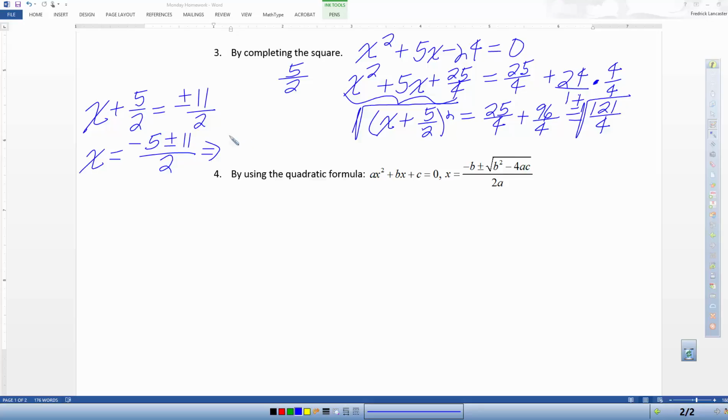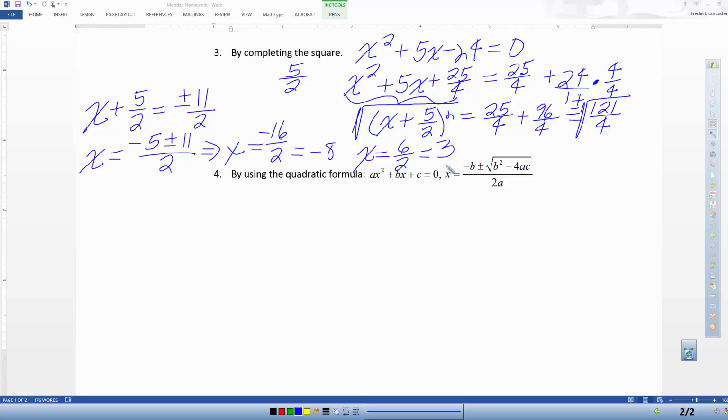So that's x equals -16 over 2, which is -8. -5 plus 11 is +6 over 2, which is 3.